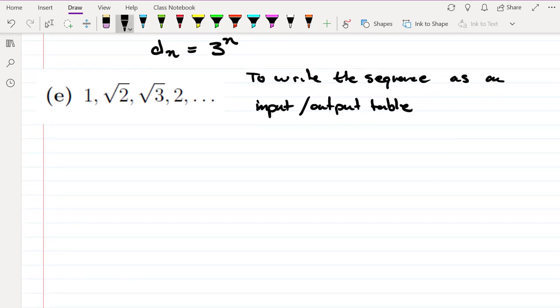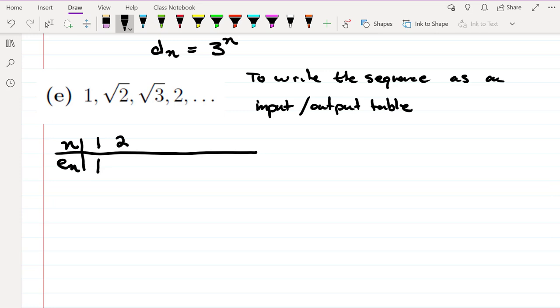So if we write it as a table, I'm going to have my n's, and then I'm going to have my e sub n's. So we know that the inputs are always the natural numbers, so 1 is going to get paired with the first sequence member, which is the first one in the list.